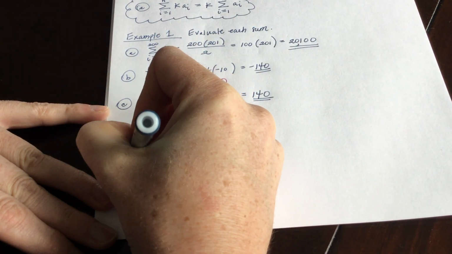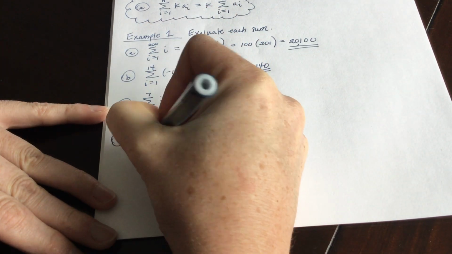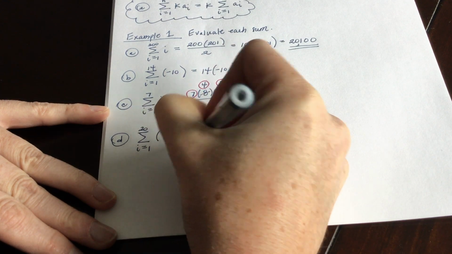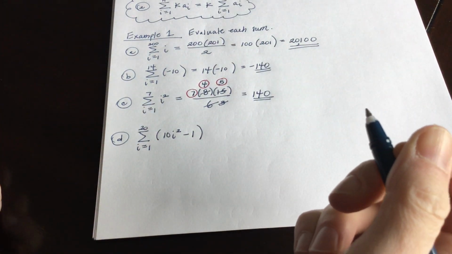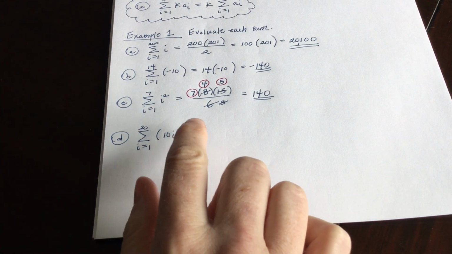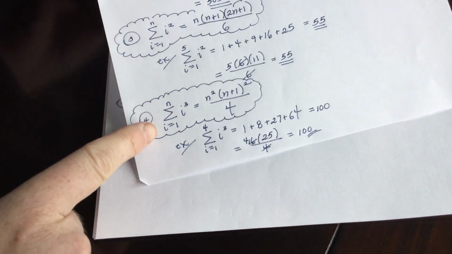Let's have you do the sum as i goes from 1 to 20 of the quantity 10i squared minus 1. So for this problem, you can see the rule in here does not look like any of these properties 1 through 4.